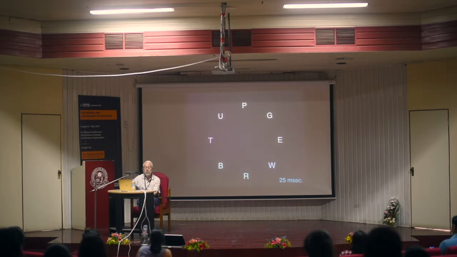And it's been demonstrated that when participants move their eyes, stuff happens in the nervous system. The receptive fields of neurons in different parts of the brain actually change because of eye movements, this remapping phenomenon.